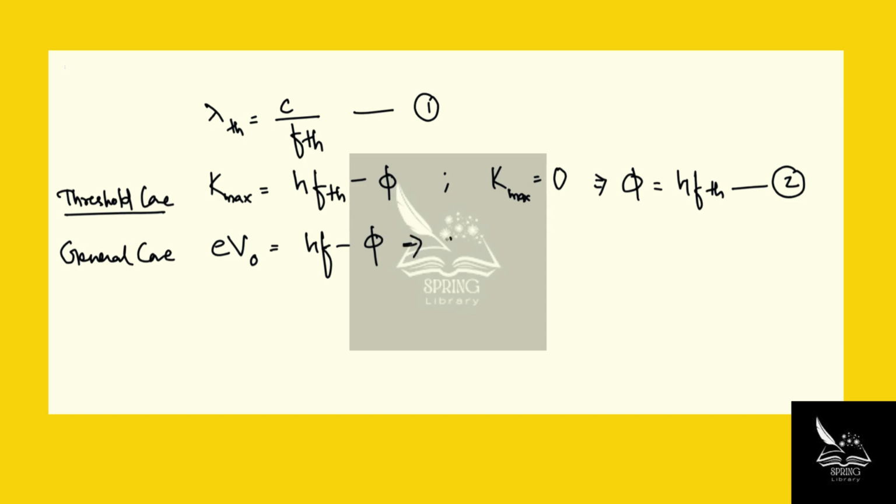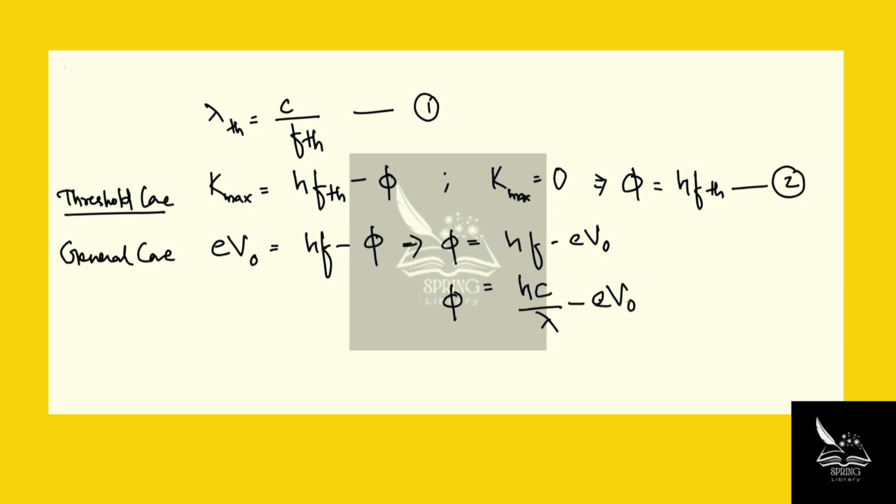So this means that phi is equal to hf minus eV naught, where V naught is the stopping potential. We also know that frequency is c over lambda, the same equation that we used here and applied for the threshold case.